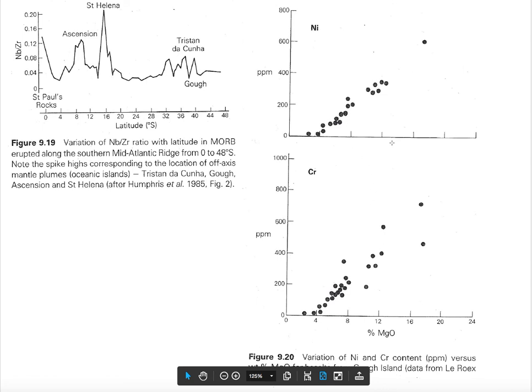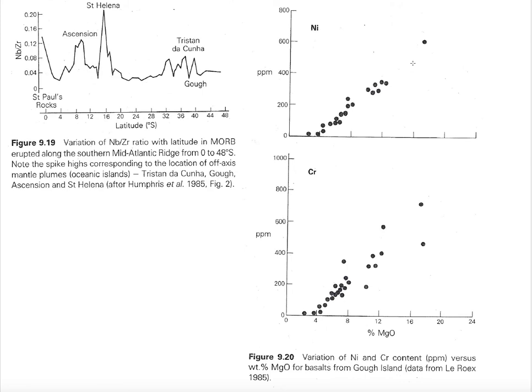With increasing magnesium, the nickel concentration also increases. What is the sign for this? That is just that we have increasing fractionation of olivine. We have more olivine in our bulk.